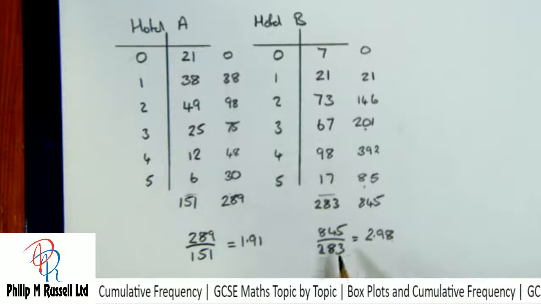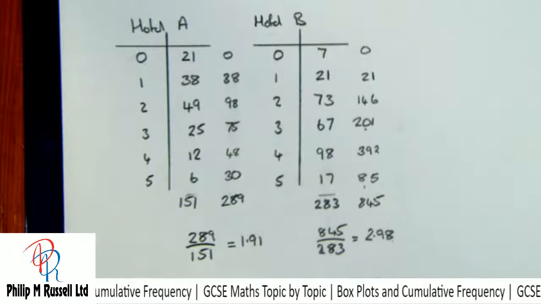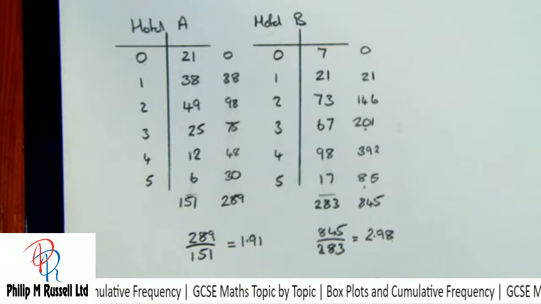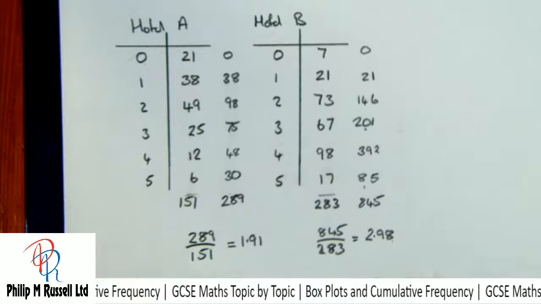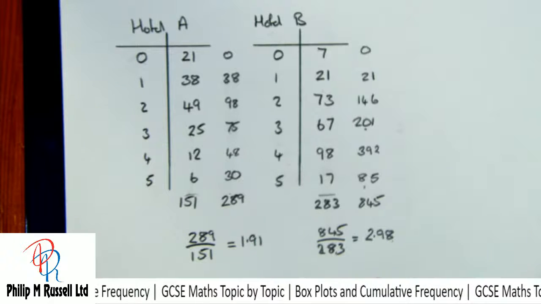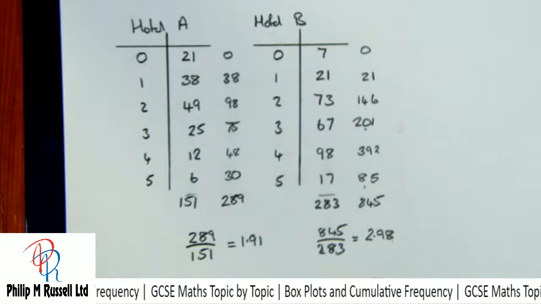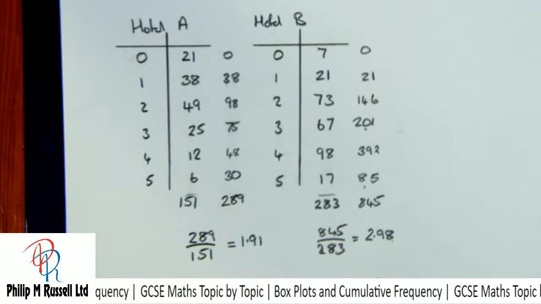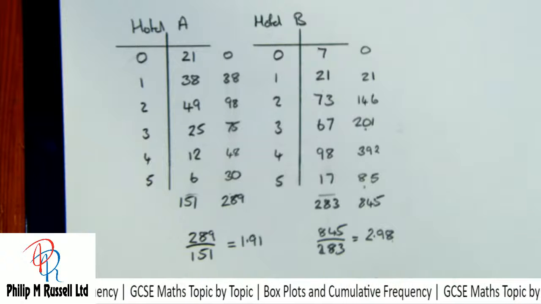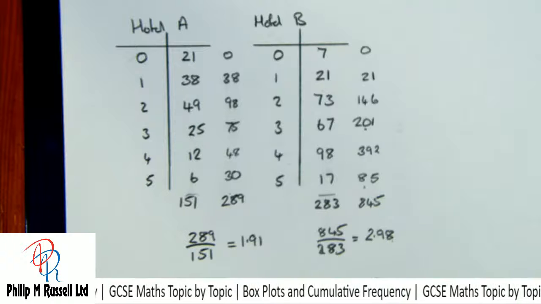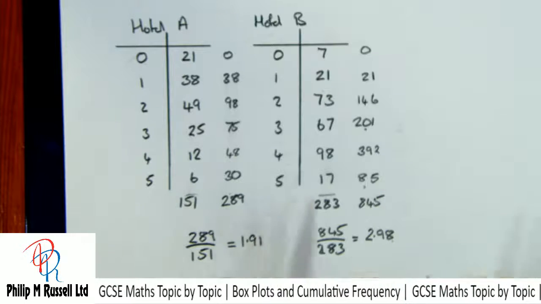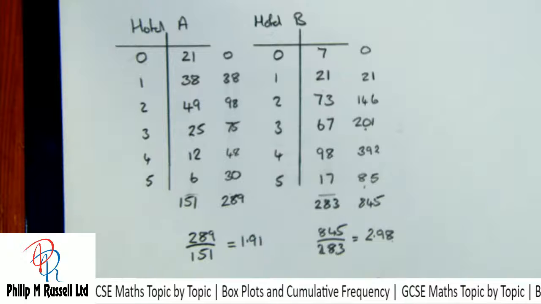And so that's giving me now this hotel as being the better hotel with my average. We could, if we were asked to, plot a frequency diagram of this, and we could plot them in different colours.